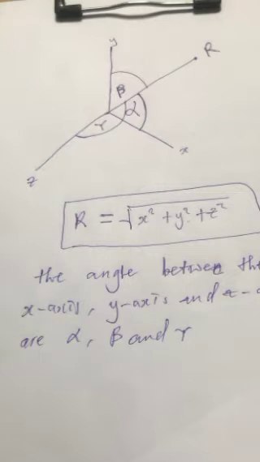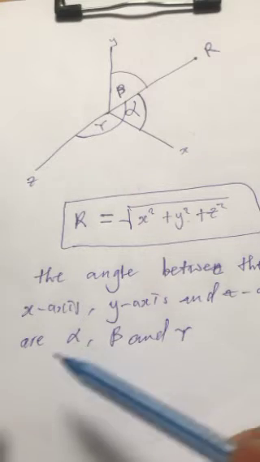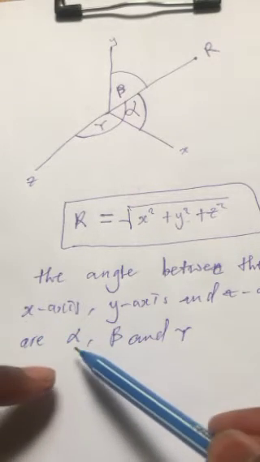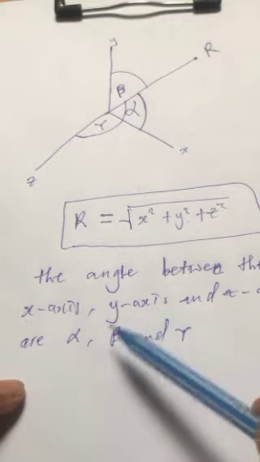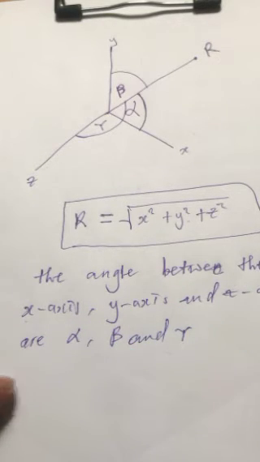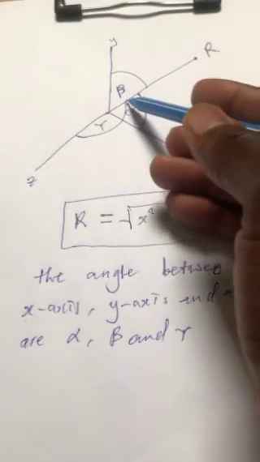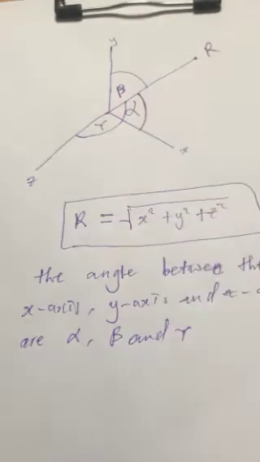I think you still remember what the meaning of respectively is. It means the first thing is equivalent to the x-axis, which is the first, second beta, third gamma. So all these angles are found with respect to the resultant.